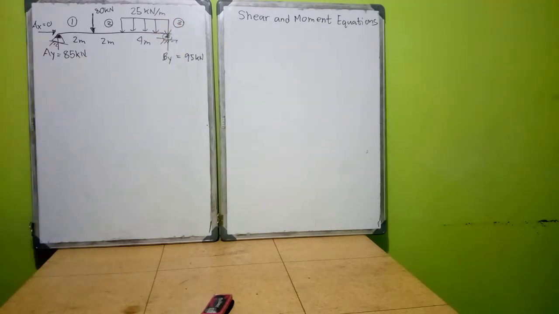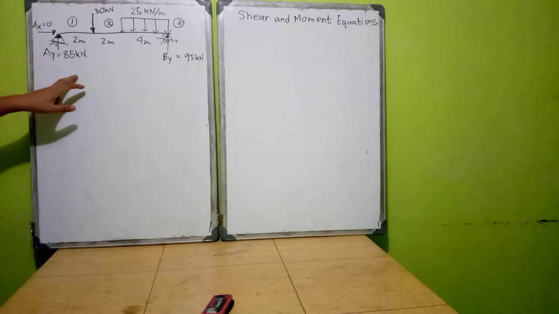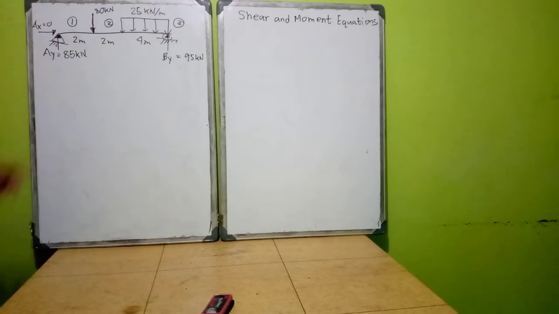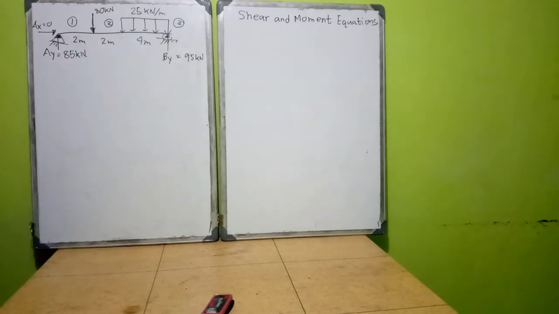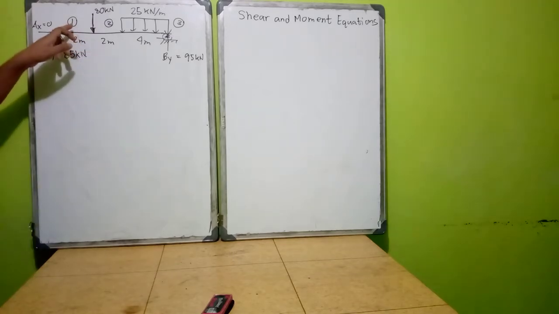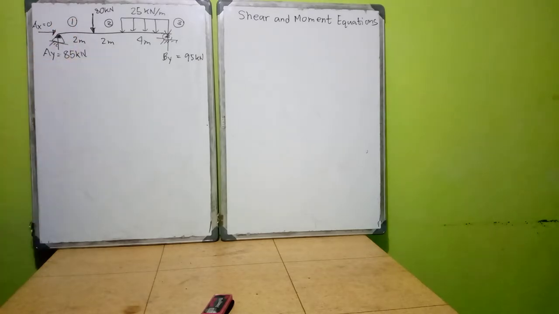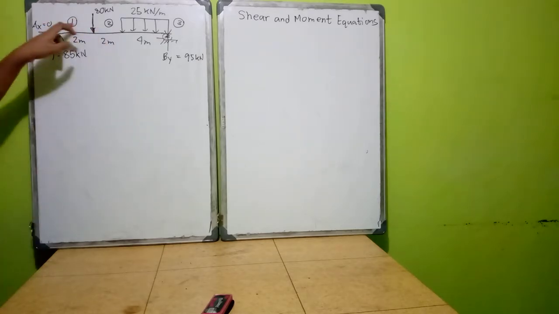Why do we do sectioning in constructing the shear and moment equations? It is because at these different points, your loading manner changes. Because your loading changes, your shear and moment also change in behavior in these spaces. That's why we divide into sections.